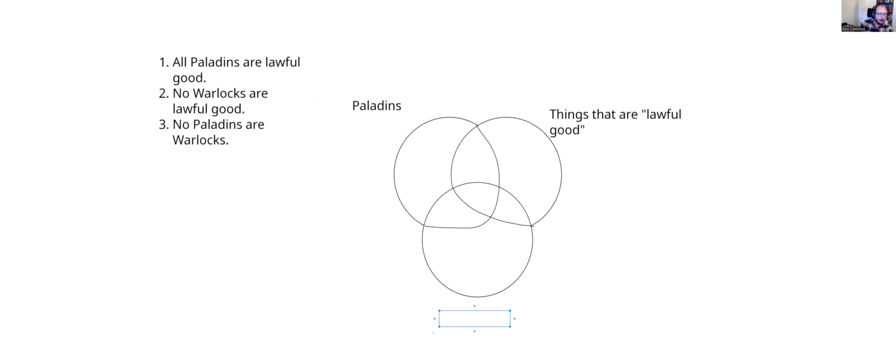All right. So I'm going to label, and remember, if you only have two categories, then you're only going to draw two circles. But here we have three categories, so we have to draw three circles. I'm going to label each of these subcategories, right? Move this around just a little bit.